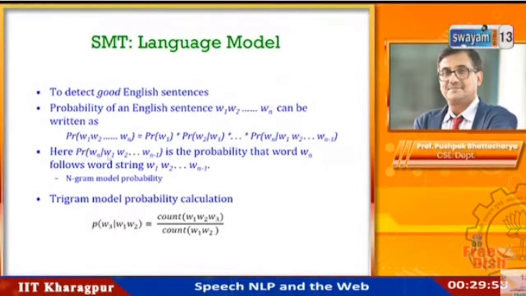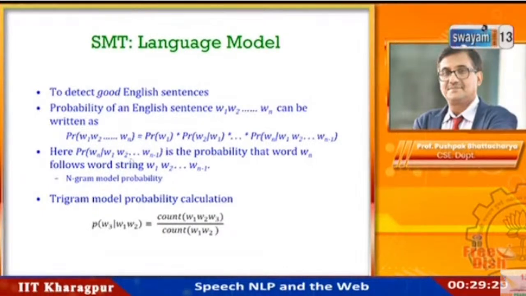Now, probability of Wn given W1, W2 up to Wn minus 1 is the probability that the word Wn follows the word string W1, W2 up to Wn minus 1. So this probability has been so significant in the whole of NLP and speech. This probability predicts the next word Wn given the n-1 words preceding it.